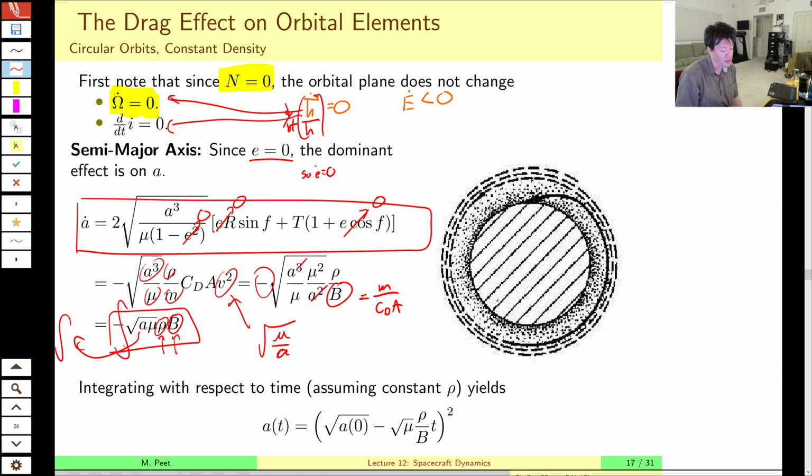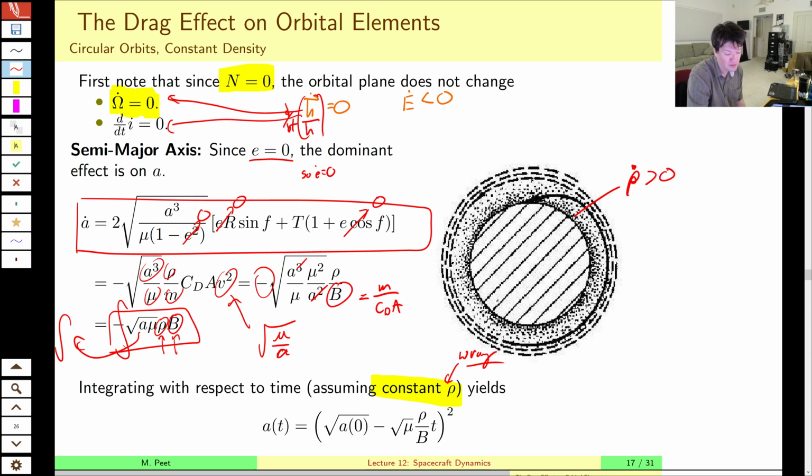Assuming a constant density, we can obtain an expression for a. But of course, we can't really use a constant density, because we see that the density will be increasing as we go downhill.